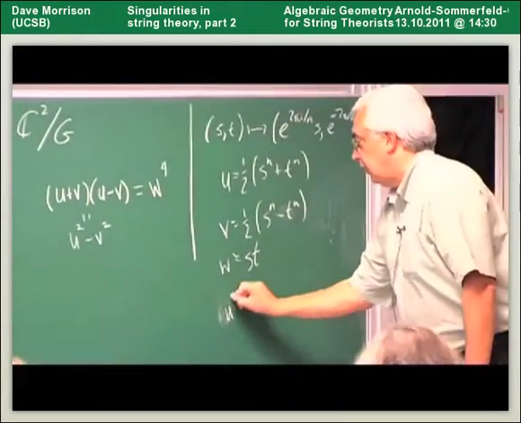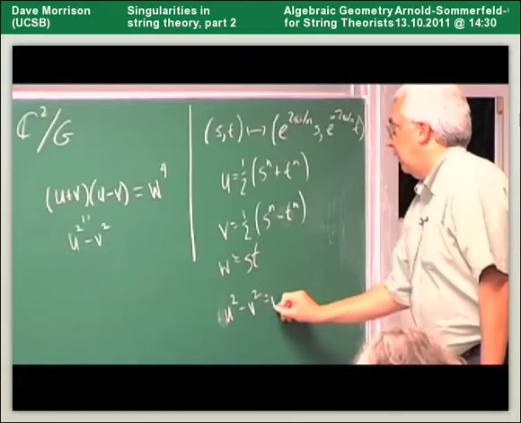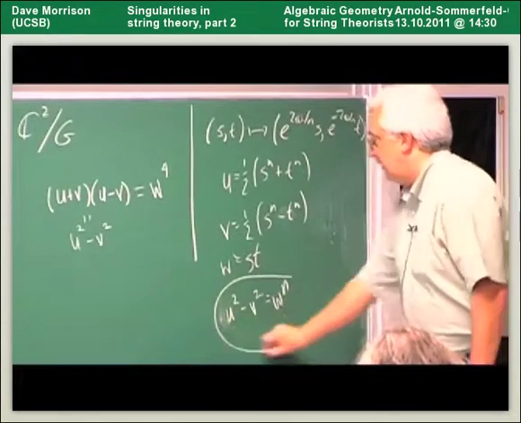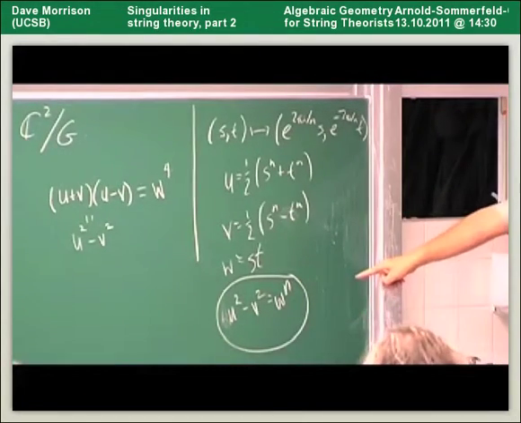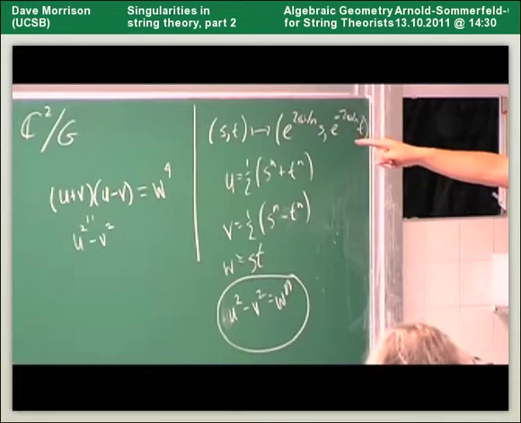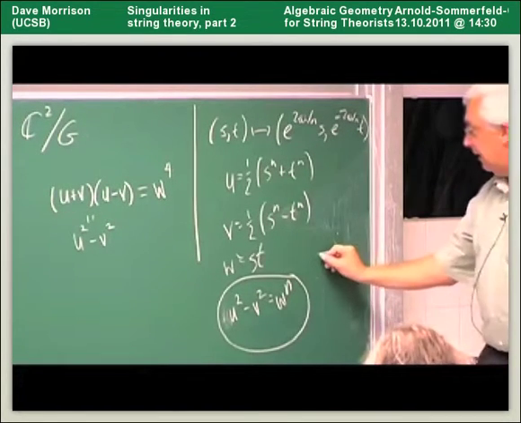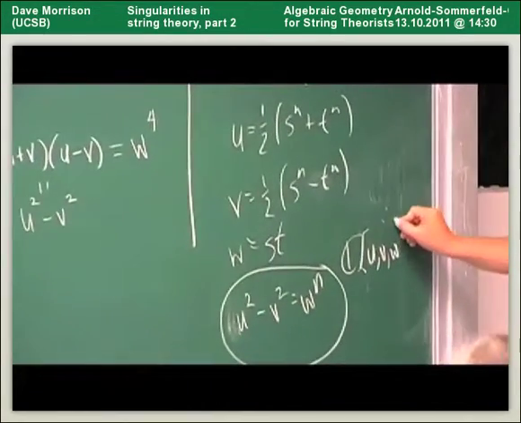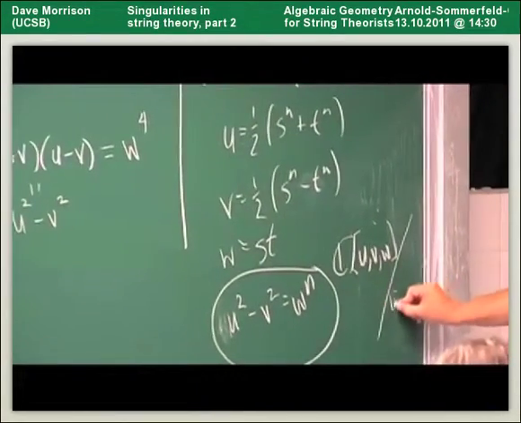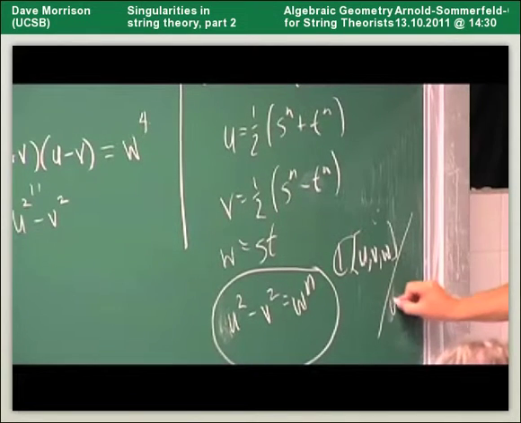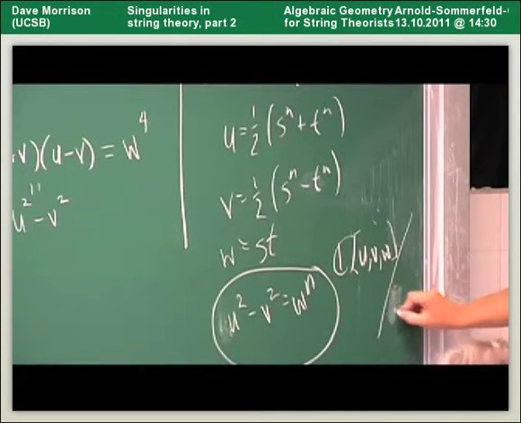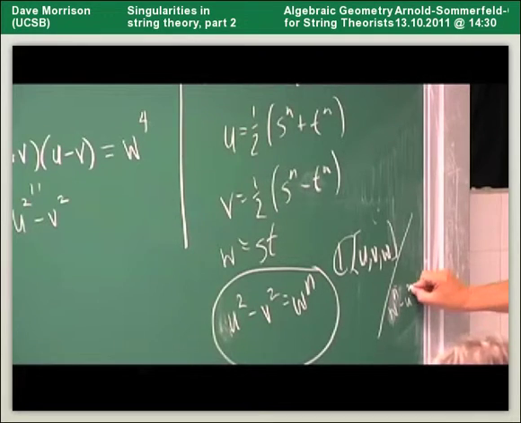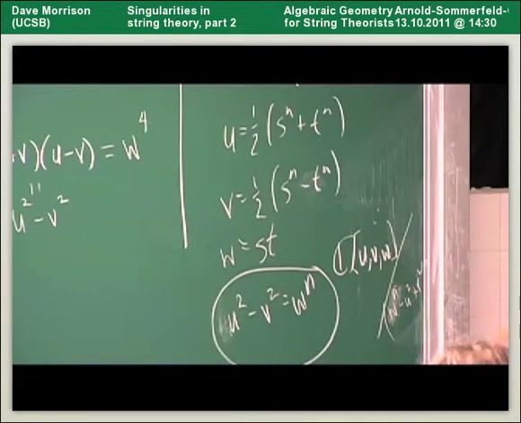And you would discover that u^2 minus v^2 equals w^n. This is the type of relation that I'm after. This tells me how to describe the quotient as an algebraic variety. The functions on it will be polynomial functions in u, v, and w, but you have to mod out by this relation. w^n minus u^2 plus v^2 is the typical kind of relation that you have to mod out by, and that describes the corresponding singular space as an algebraic variety.